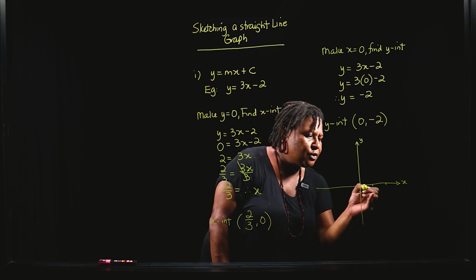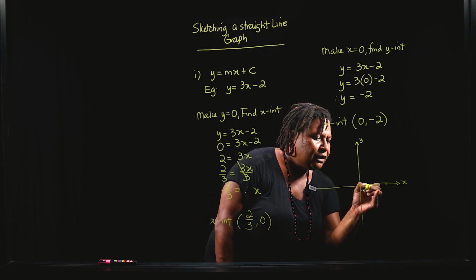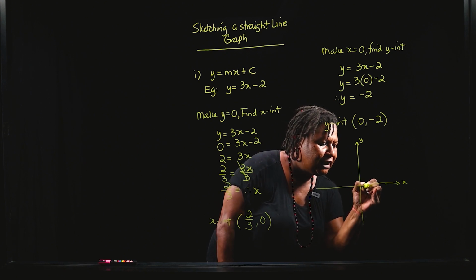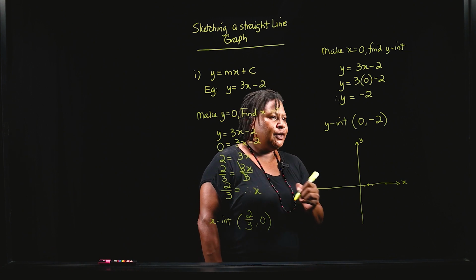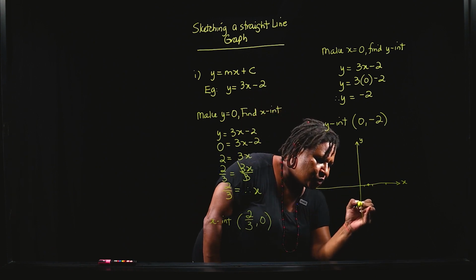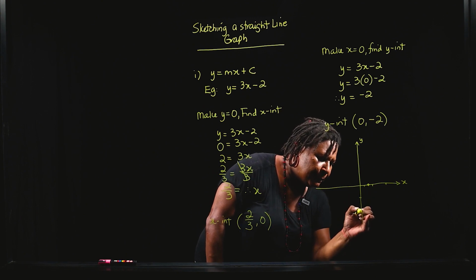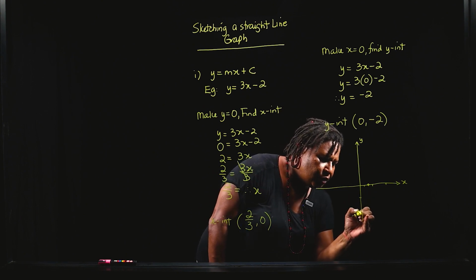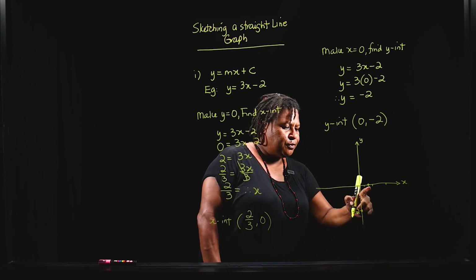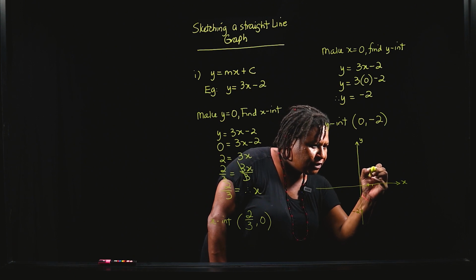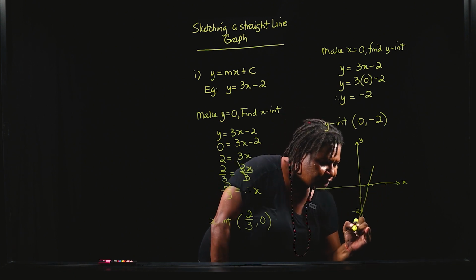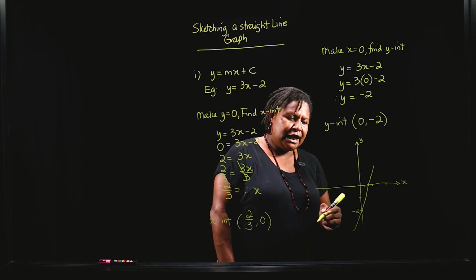Now 2/3 is going to be here. So we indicate 2/3, use a point, and then our y-intercept will be 0, negative 2, which is down here. So negative 2. Mark that point. So you have 2 points here. All we need to do now is to connect these 2 points, and we have a line.